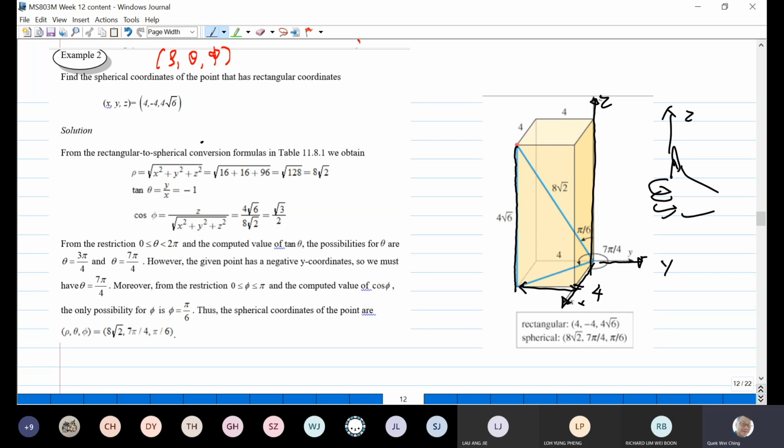Then y is also 4. Sorry, y is minus 4. So y minus 4, what does it mean now? This is y equal to minus 4 here.